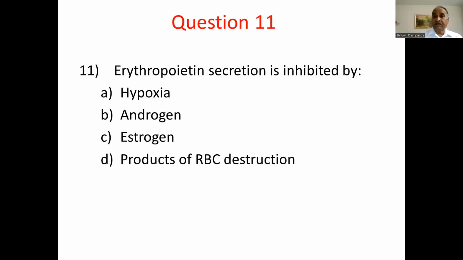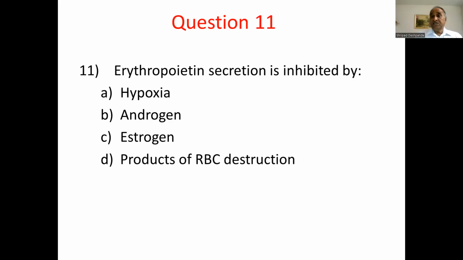Then question number 11. Erythropoietin secretion is inhibited by... Inhibition is an active process; somebody should stop the secretion of erythropoietin. Let us examine this question. Hypoxia stimulates erythropoietin secretion from the juxtaglomerular apparatus.